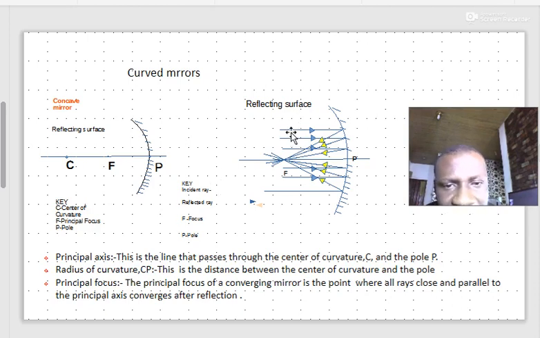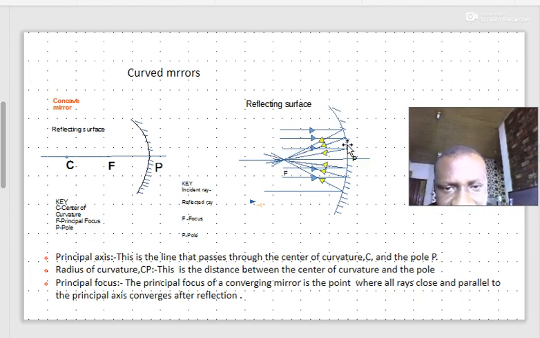So if I have a ray of light that is parallel to the principal axis, this line is seen as the principal axis. So look at the principal axis here. Any line parallel to this principal axis, a ray of light for instance, and this F has been described to us that any ray parallel to the principal axis must pass through it or must converge at it after reflection.